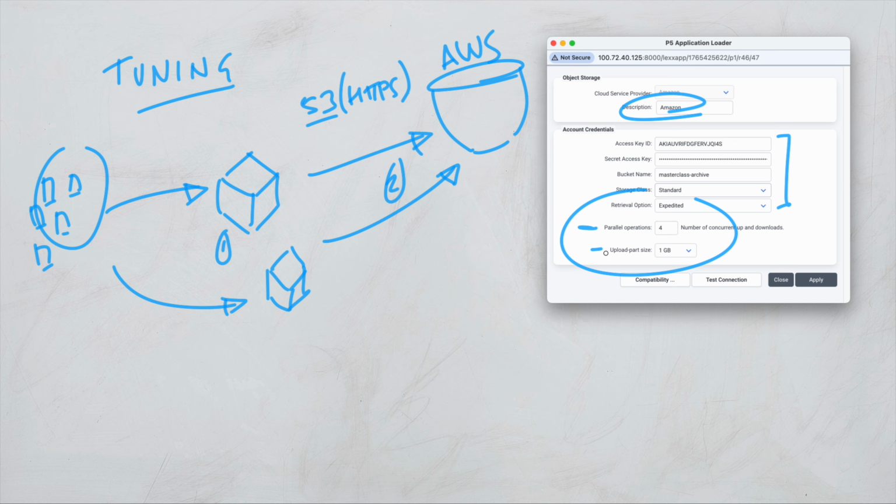And then the upload part size is intrinsic to the S3 protocol, whereby files over a certain size, and in this case we're saying 1 gigabyte, will be split into multiple parts, and those parts will all be uploaded via separate HTTPS streams to the cloud vendor.